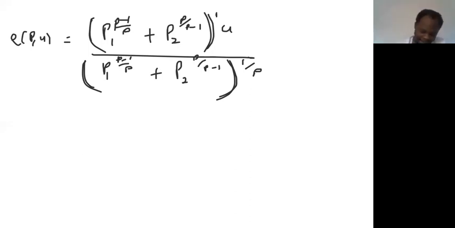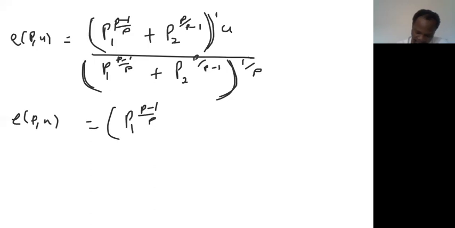So I can say this expenditure function is the same as P1 phi over phi minus 1 plus P2 phi over phi minus 1, raised to 1 minus 1 over phi, multiplied by U.